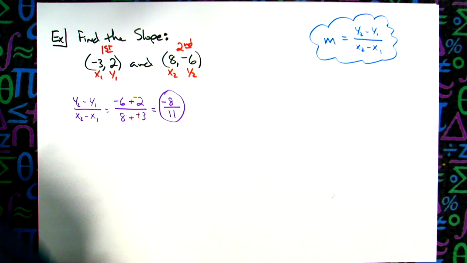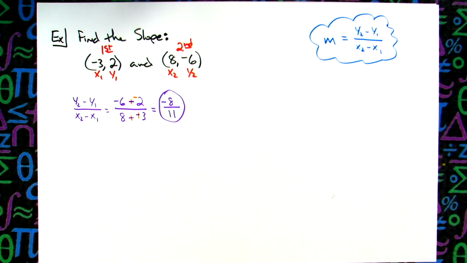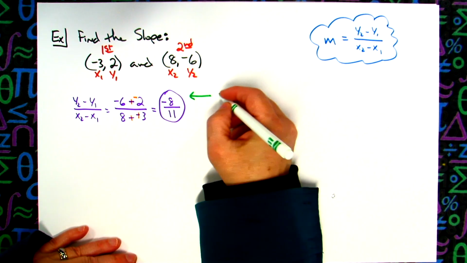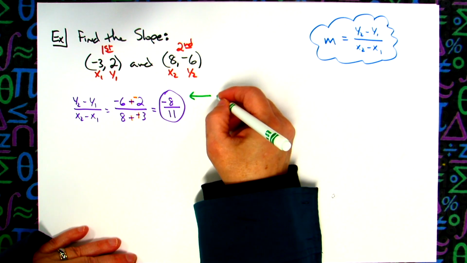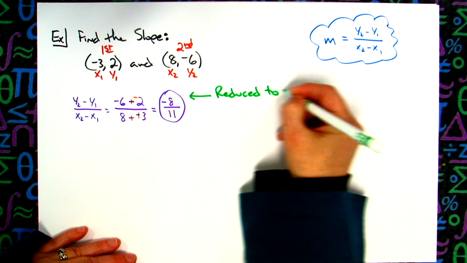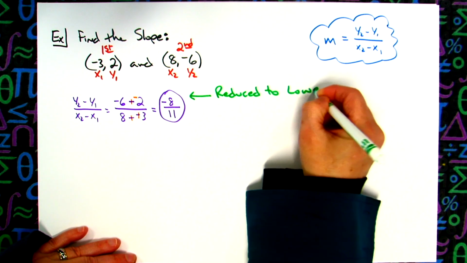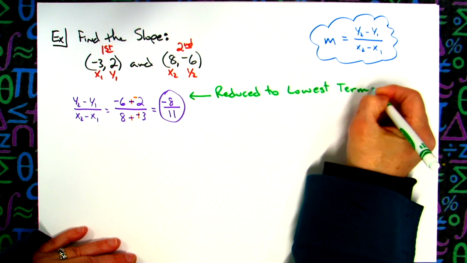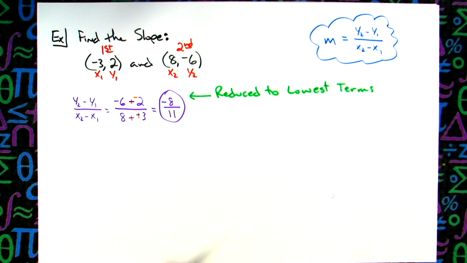Now we do have some rules, because we always have rules. It wouldn't be math if we didn't have rules. For my slope, I want the fraction reduced to lowest terms. Is 8 over 11 in lowest terms? It is, right?